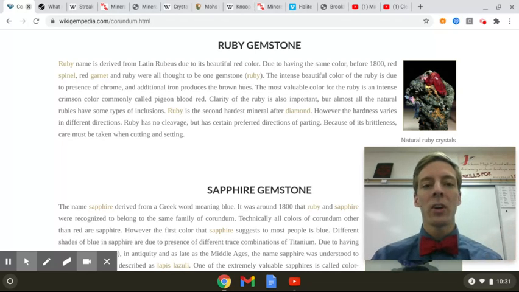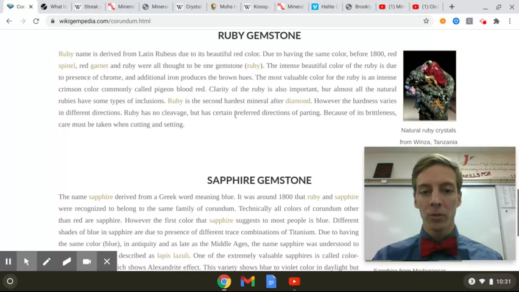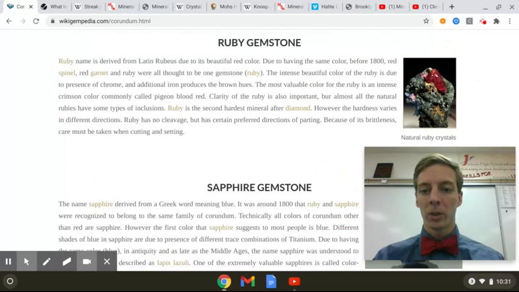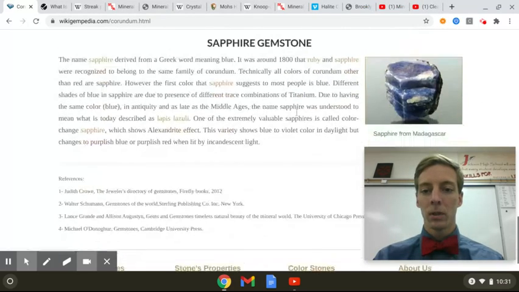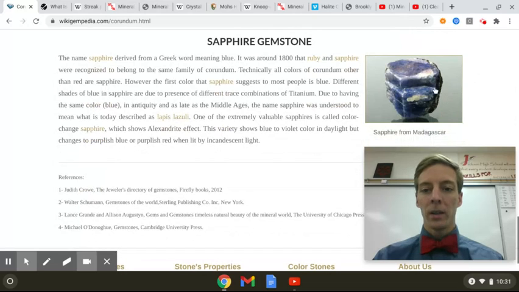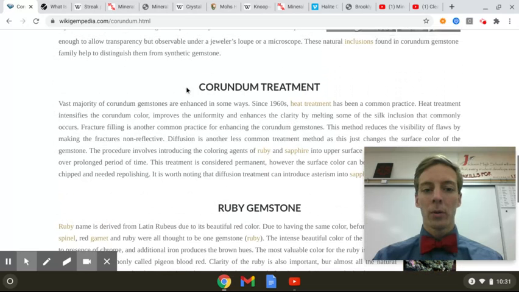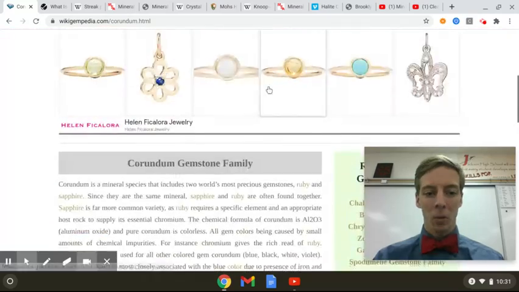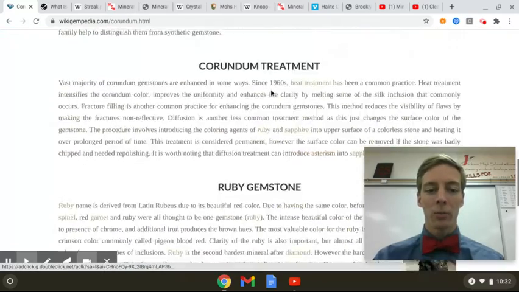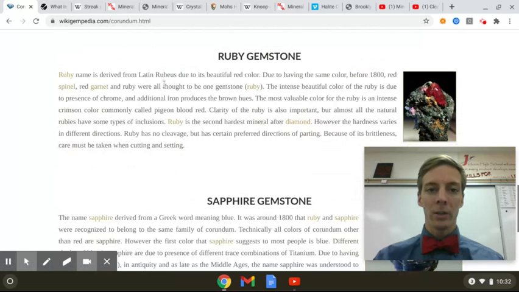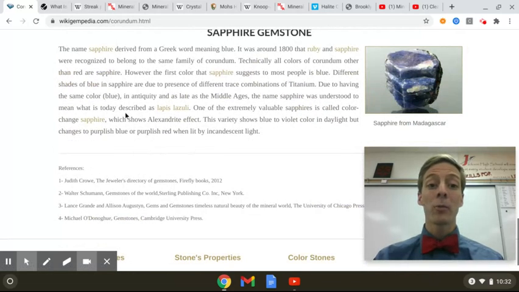Color doesn't tell you a lot, because this is what a ruby looks like in nature. That might be a sapphire as you dig it out of the ground before you polish all these up. Those are both corundum. They are the same mineral. Here's the difference: ruby is the red version of it. Sapphire is every other color of it.